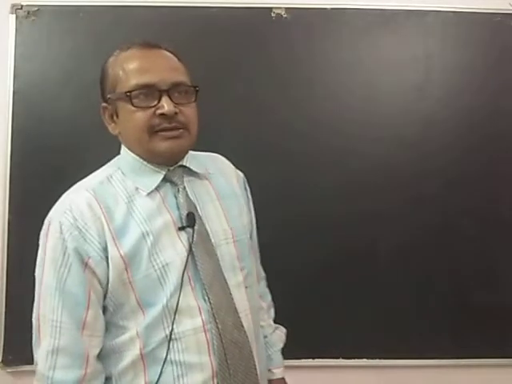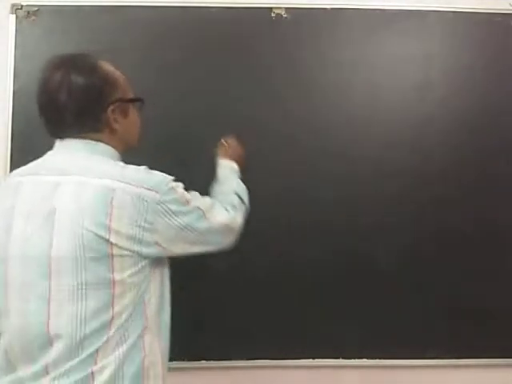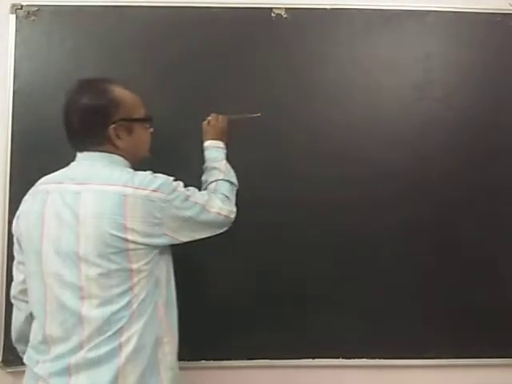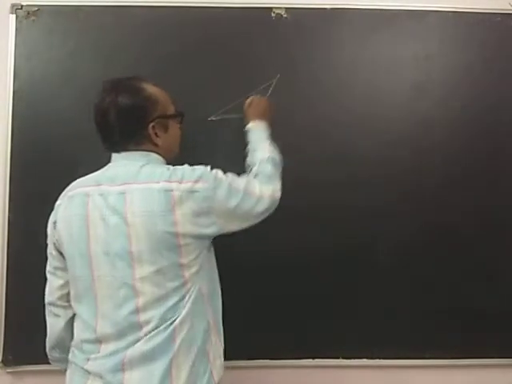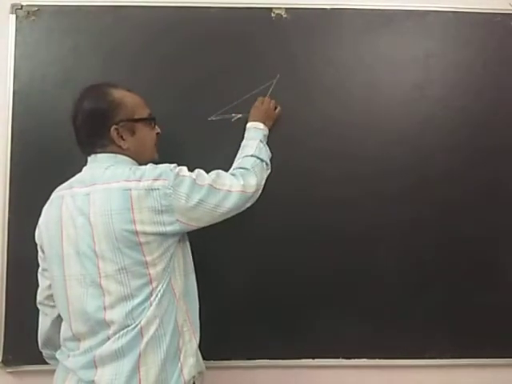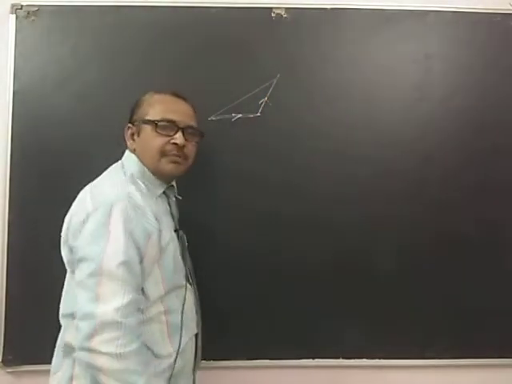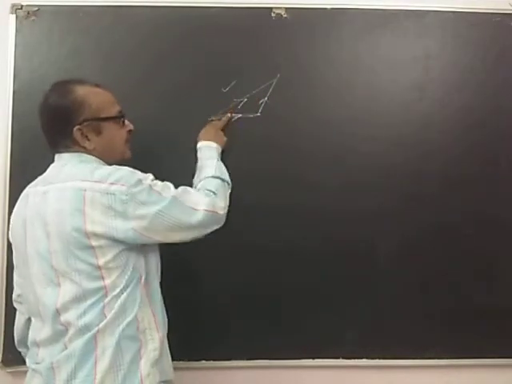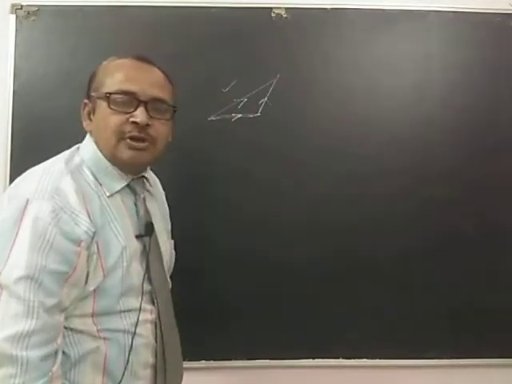In that, we have seen that if two vectors are represented in magnitude and direction by the two consecutive sides of a triangle taken in order, then their resultant is given by the third side of the triangle taken in opposite order.